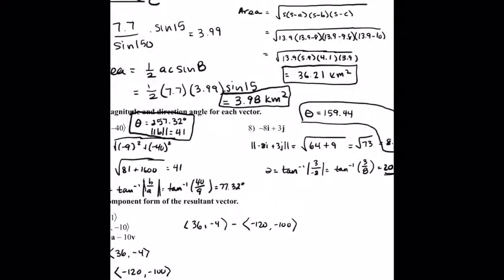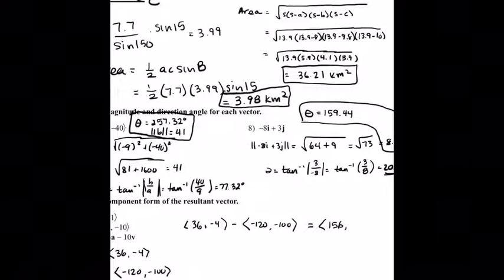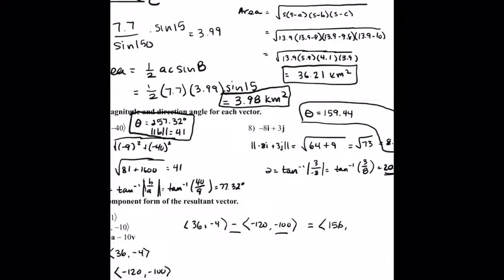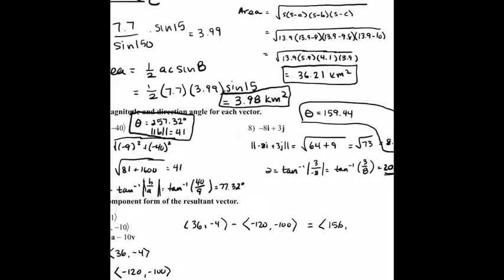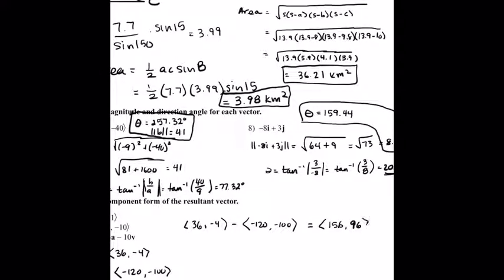That's 156. And then -4 minus -100, again, subtract a negative is the same as adding, so it's -4 plus 100, which is 96.